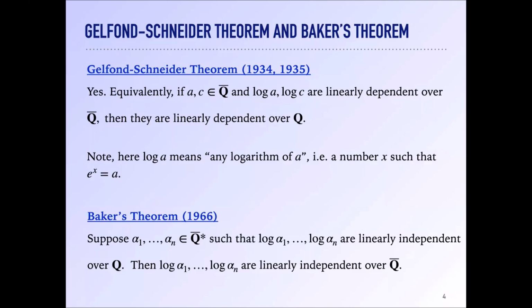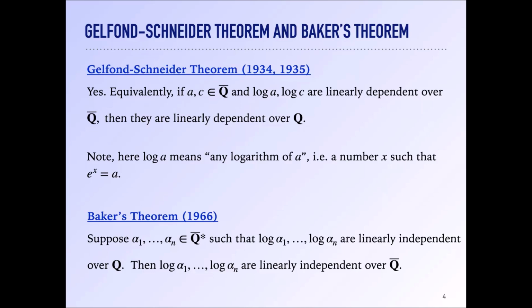Okay, so Baker's theorem, which was not proven until 3 decades later, is a generalization of this fact to n algebraic numbers. Baker's theorem is that if you have n algebraic numbers whose logarithms are linearly independent over Q, then in fact they're linearly independent over Q bar.